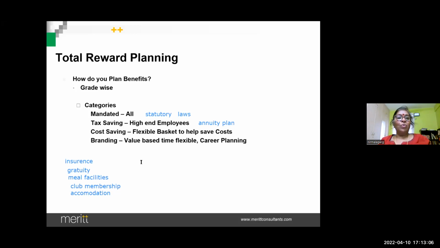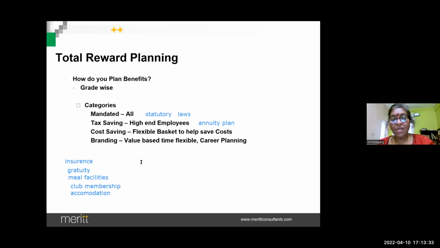So I wanted to give you a little about benefit planning, how important it is, and why people have actually started doing even benefit analytics. You're spending a certain percentage of your wage cost on benefits. Now, if you are not going to get a return on it, what's the point of giving a benefit?